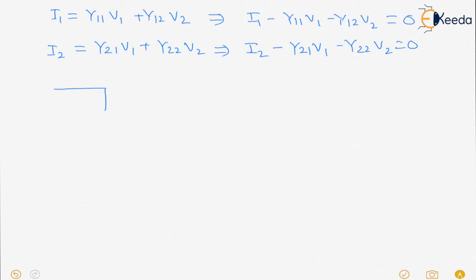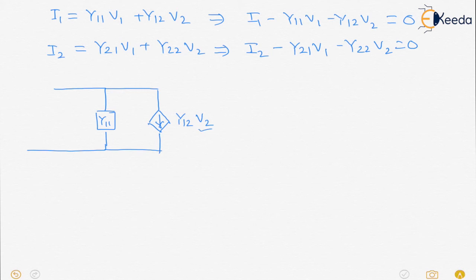So here it will be y11, and there will be a dependent current source here that will be equal to y12 V2.